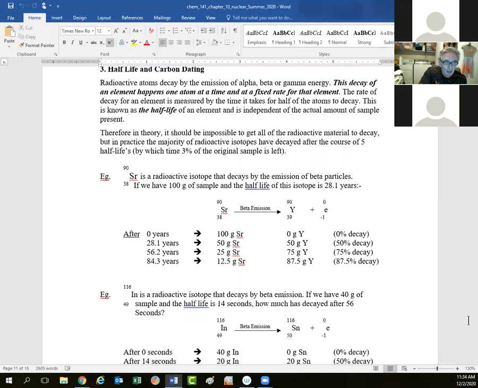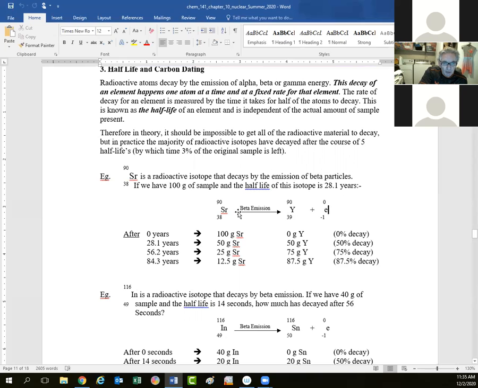A good example of that is strontium-90. It's an isotope which is unstable and radioactively decays by emitting beta radiation, a stream of electrons from the nucleus. Remember, we said there's an unstable neutron that breaks down to give a proton and an electron, and the electron is ejected from the nucleus as radiation.